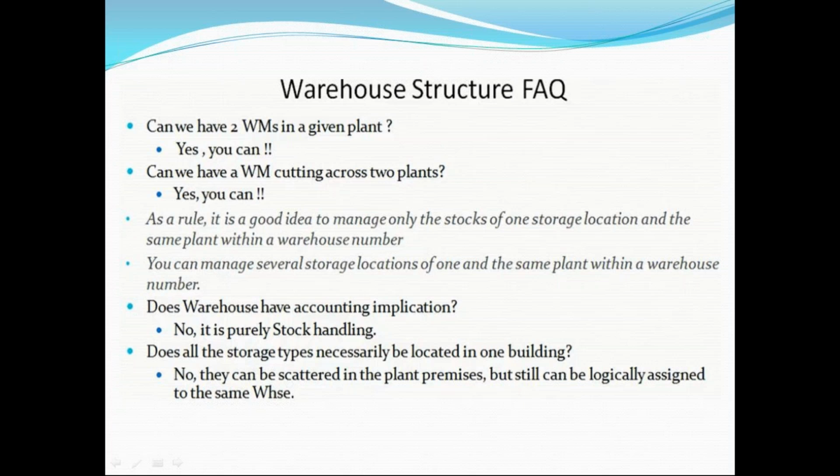But if your plant has multiple storage locations, for example, plant 1000 with storage locations 1000 and 1001, your plant 1000 and storage location 1000 can be linked to warehouse 001. In the same way, plant 1000 and storage location 1001 can be linked to another warehouse 002. Can we have a WM cutting crossing two plants? Yes, you can have it.